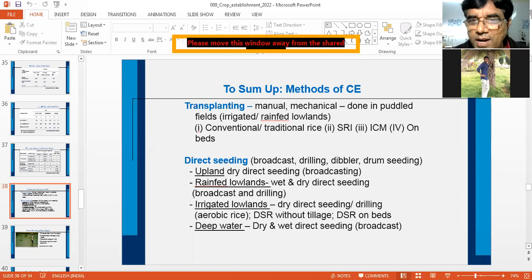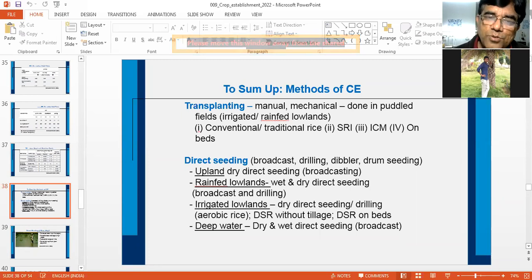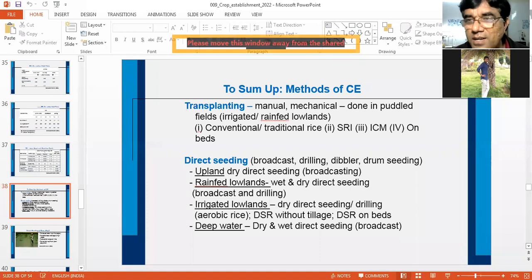In rain-fed lowlands, you can go for wet and dry direct seeding. Both options are available for rain-fed lowland. And this wet and dry seeding can be accomplished by broadcast or drilling. I think you got the difference in the field conditions and the sowing methods. So wet and dry direct seeding is a condition of the field, and then direct seeding by broadcast or drilling is a method of sowing.